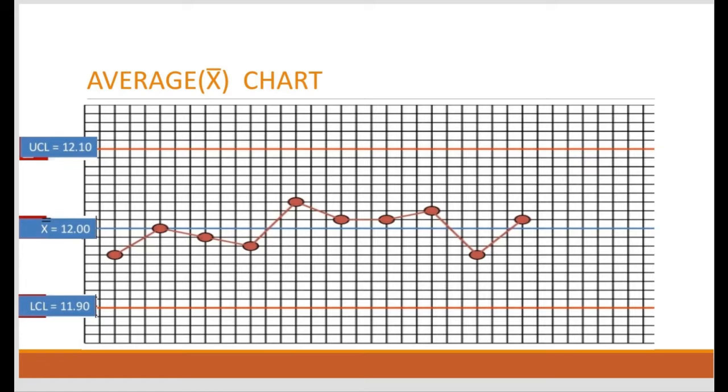All values are between the UCL and the LCL. So all samples are within control limits, so all samples are accepted. If any sample value is above the UCL or below the LCL, then those samples are not controlled, so we have to reject those samples. Here we can see that the process is in control and stable.